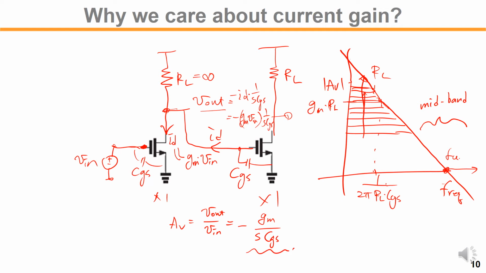This is actually the voltage gain. Here fu is ft, the same as the device's ft. For this kind of cascaded amplifier structure, the maximum achievable voltage gain is set by the ft. As you can see, having a higher ft device is very important to have a larger gain at high frequency.